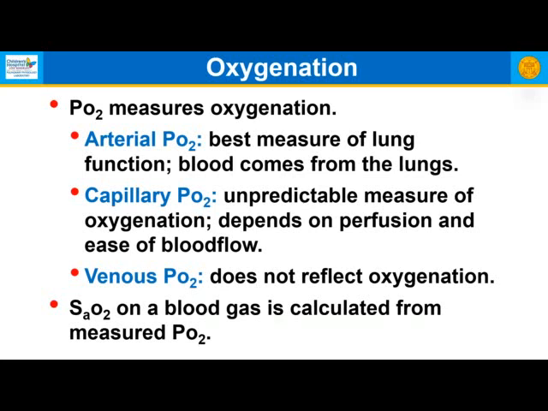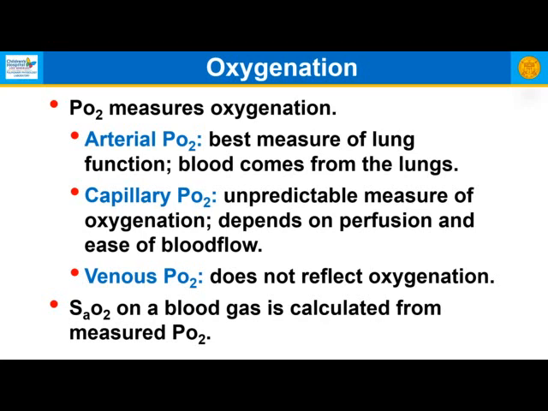So when I was an intern and resident in the early 70s, we actually had to draw all of our bloods. So if I was drawing a capillary blood gas on, for example, a baby, I knew that if I poked the heel or the finger and red blood was free flowing, this was probably going to be a pretty good estimate of arterial blood gas.